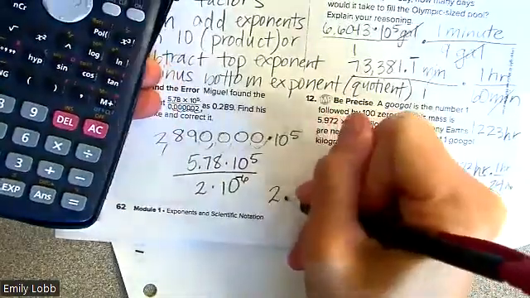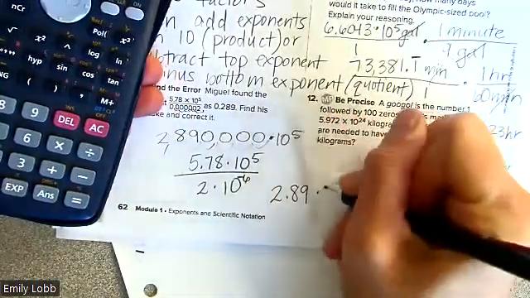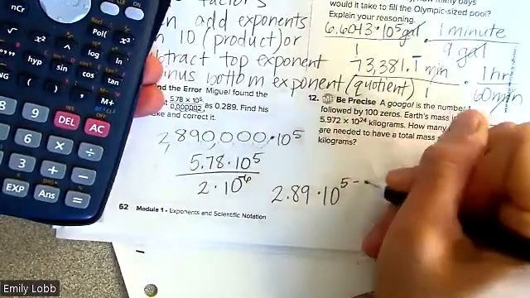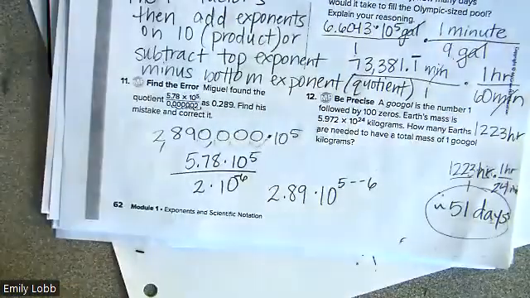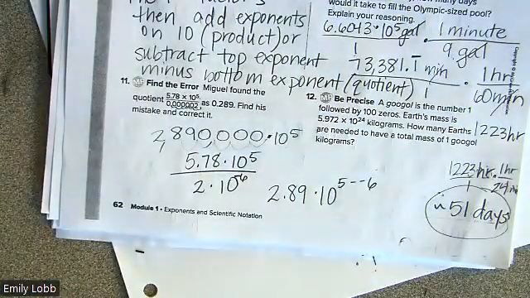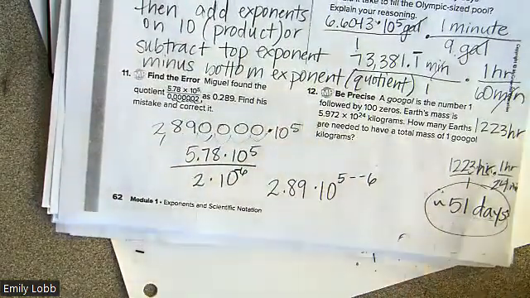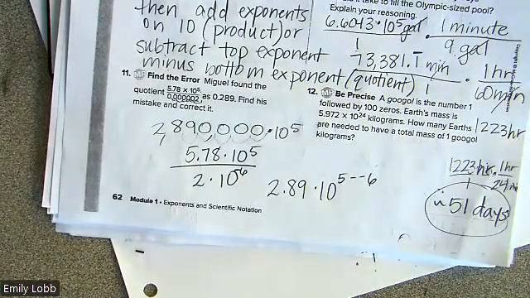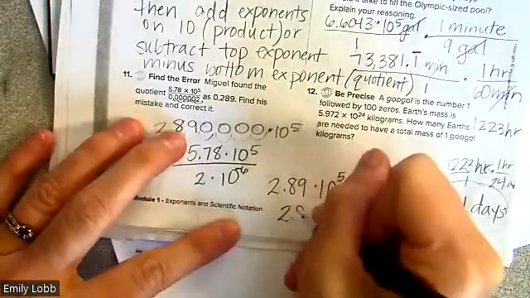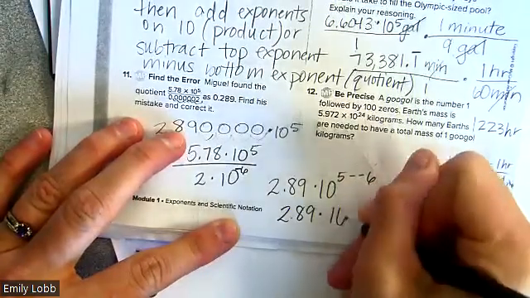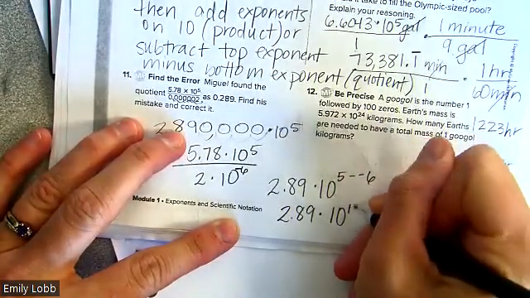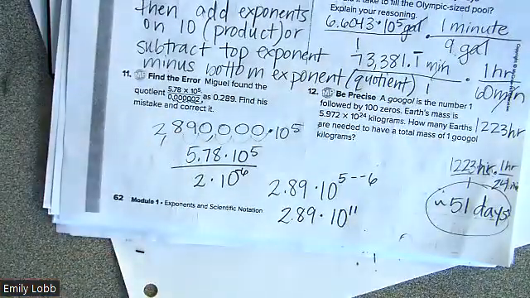So this is 2.89 times 10 to the 5 minus a negative 6. He just said 5 minus 6. He didn't subtract the negative. So that we would correct it. It should be 2.89 times 10 to the 11. Not to the negative first, like he found.